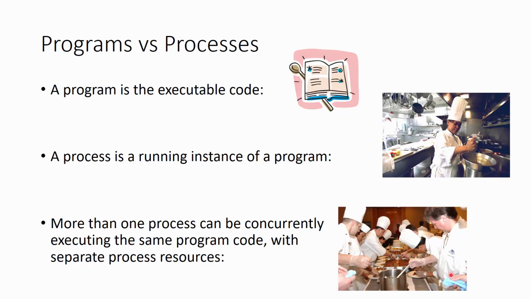So you can see that we've got multiple cooks working on setting up this meal, and each one has their own plates and their own utensils. They're using memory. In some cases they might be accessing the same memory, in other cases they have their own sections, but it's multiple instances all running at the same time. And we definitely have different processes running different sets of code. One process does not have to be the same as another, and certainly for the most part they're not.